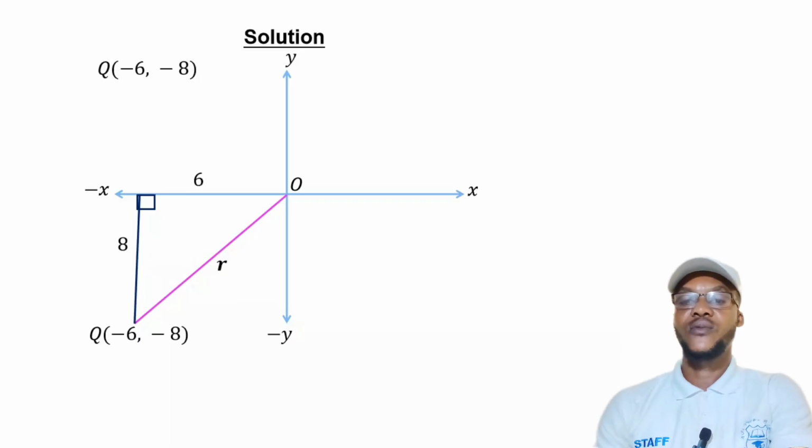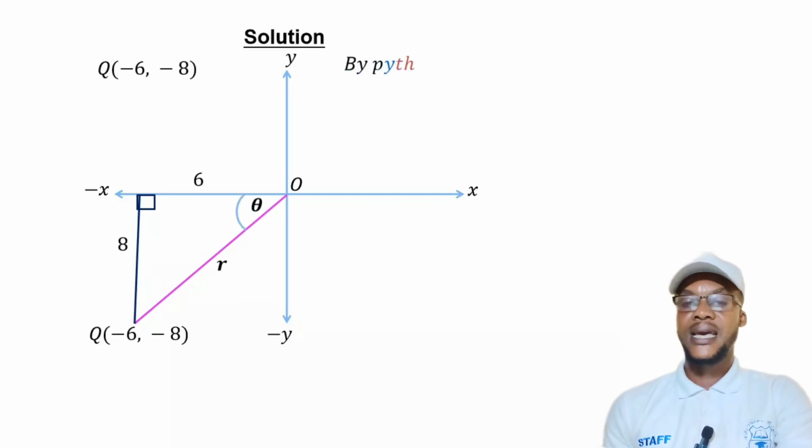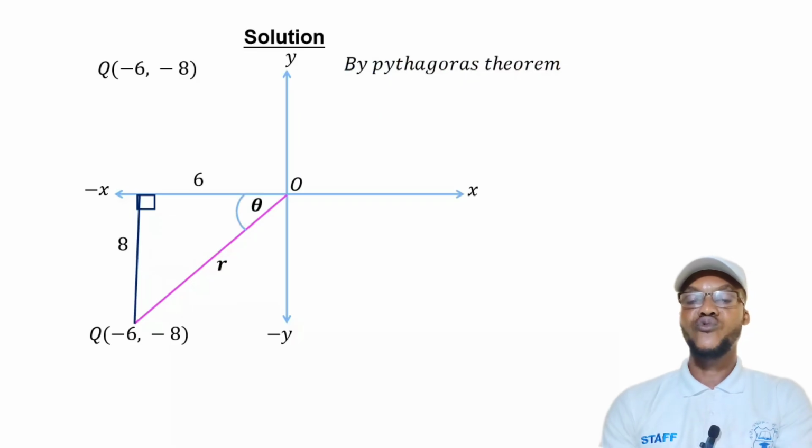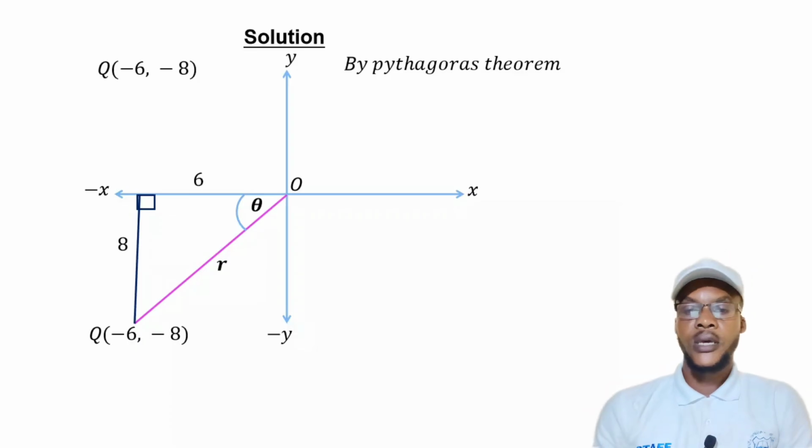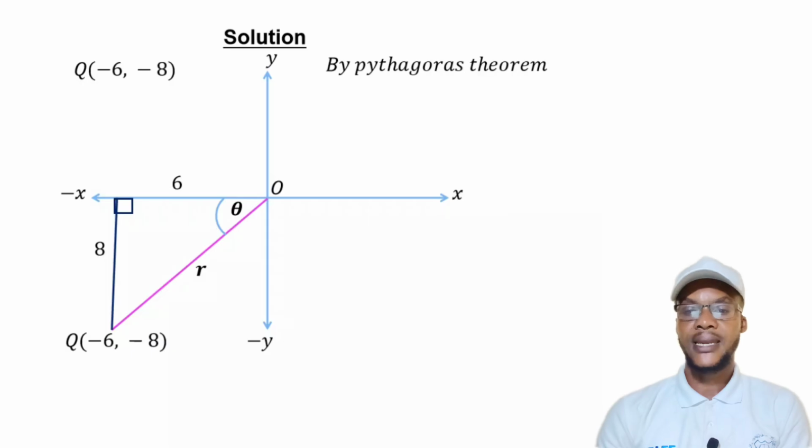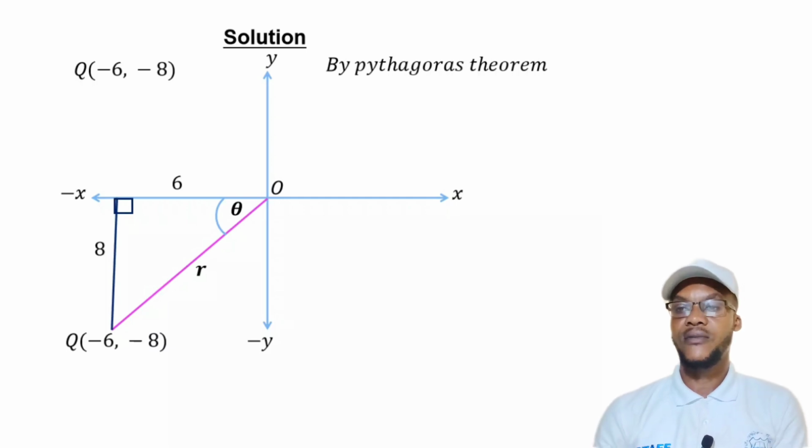So we start with what? By Pythagoras theorem, but before we are able to do that, we need to know the value for R, the value for the terminal side. Since we know two sides but we don't know the terminal side, R, we need to calculate that too. How do we do it? That is by Pythagoras. And what does the Pythagoras say?